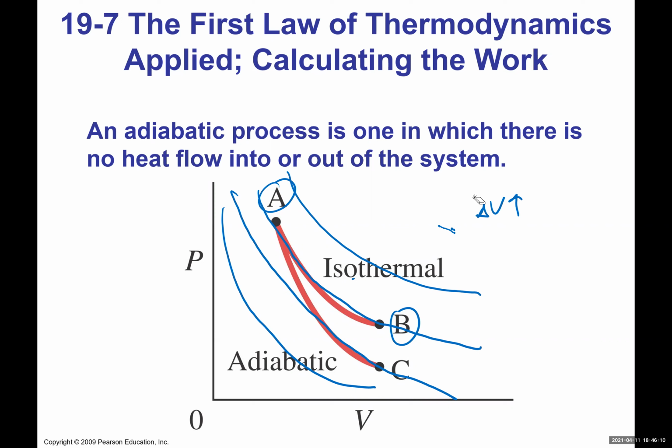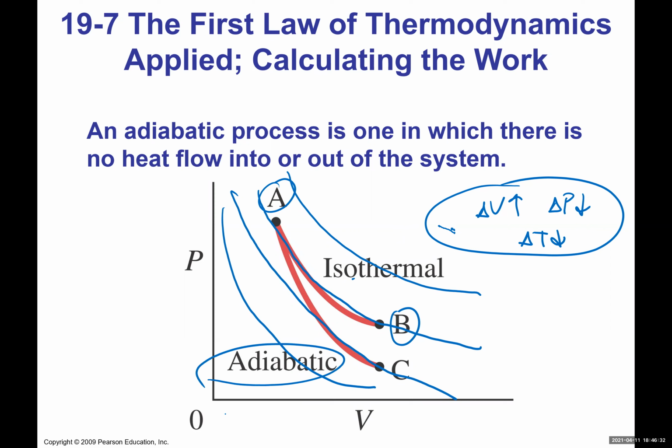So pressure decreases, and we are also decreasing temperature. That means it's a process where those three things happen at the same time, and the shape looks similar to isothermal, but it's not, because we are going from one isotherm to another. So you have to be careful. We're going to look at this adiabatic process a little closer later on.